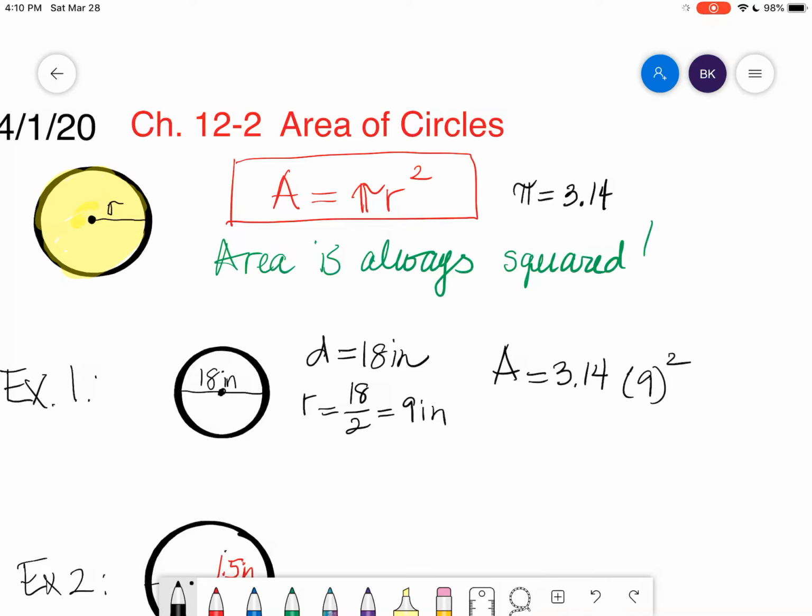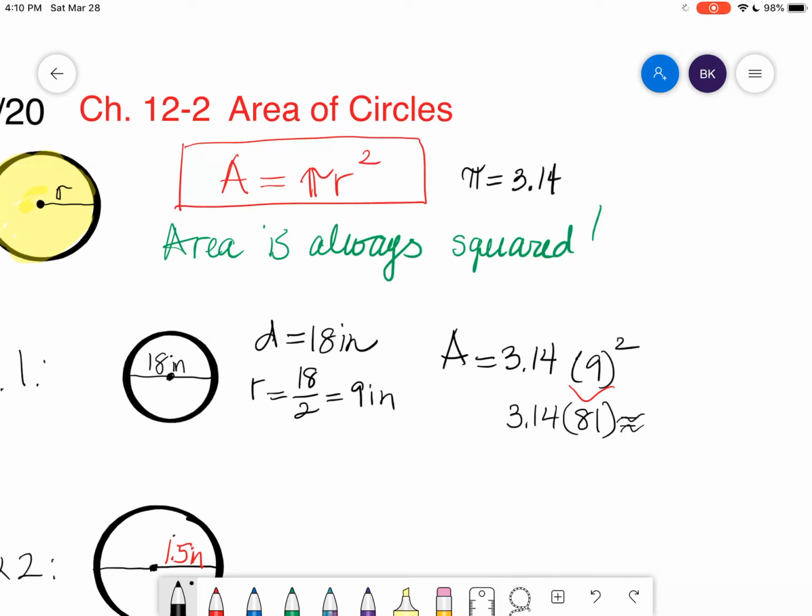Remember that we always have to do exponents first, order of operations. So this is going to be 81, and 3.14 times 81, approximately, is 254.34 inches squared. This is the approximate answer.